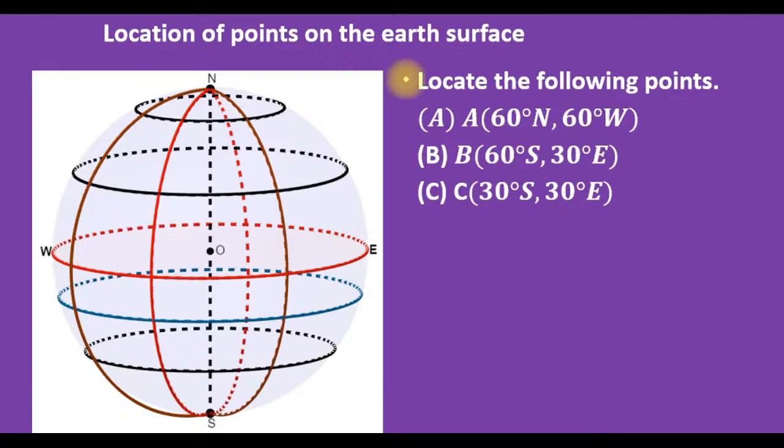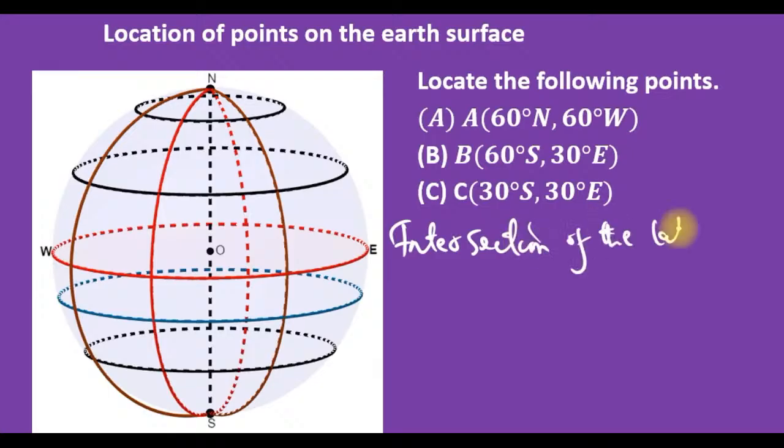So to locate a point, we need the intersection of the latitude and the longitude of that place.